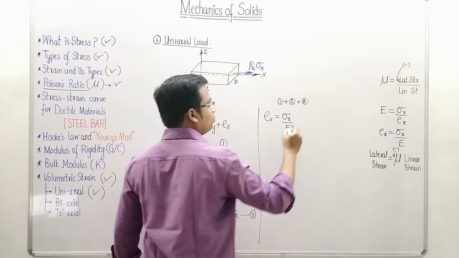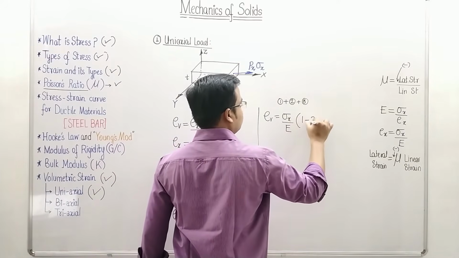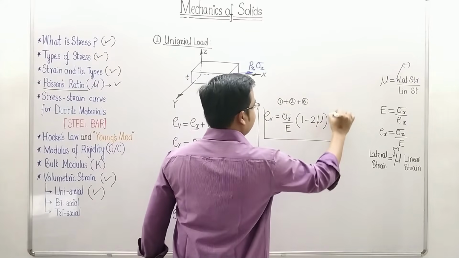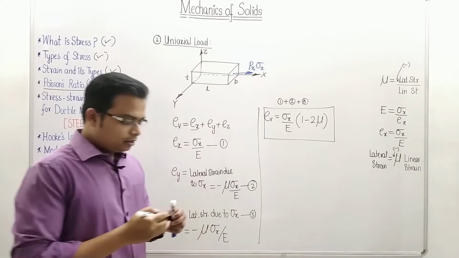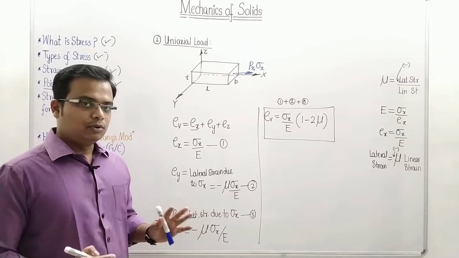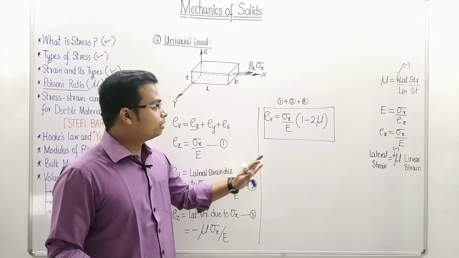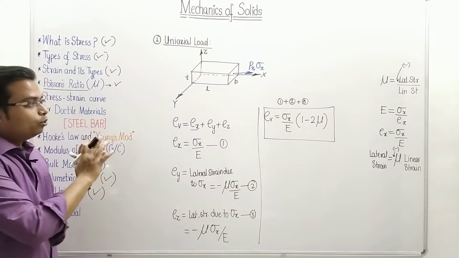So this is going to be 1 minus 2 mu. This is a very important relationship, especially in case of uniaxial loads and the corresponding calculation of volumetric strain. Very, very important, so please pause the video and note this down.